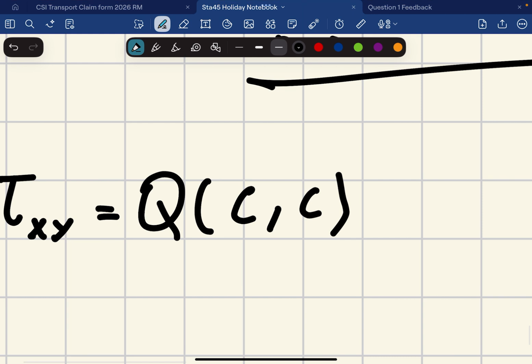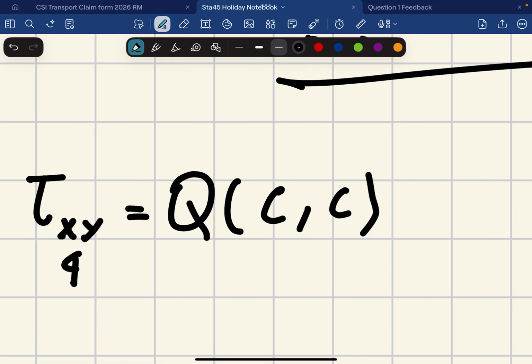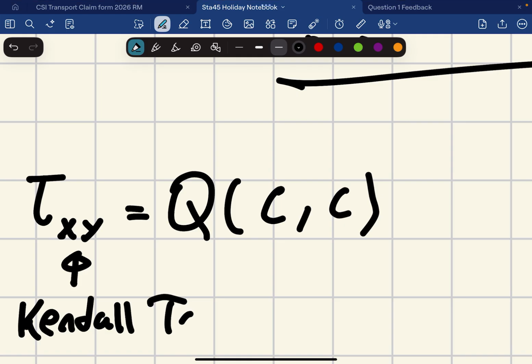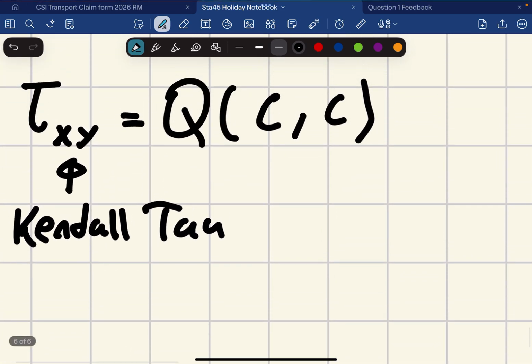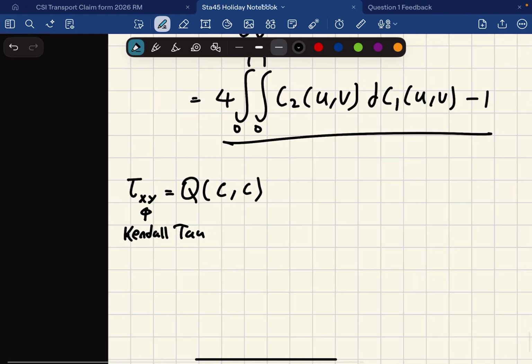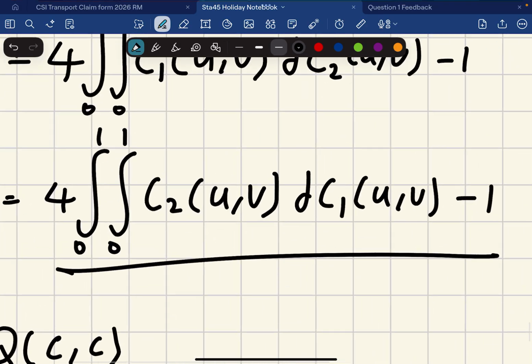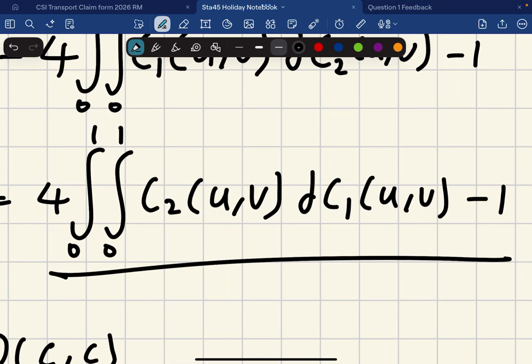So that's the Kendall tau. This is Kendall tau, and I'm going to be talking about the estimation of, or the estimator of the Kendall tau when we have a sample. And we use the idea of ranks to show this, but that's another story. Otherwise, we have shown and proved the formula of the concordance function.